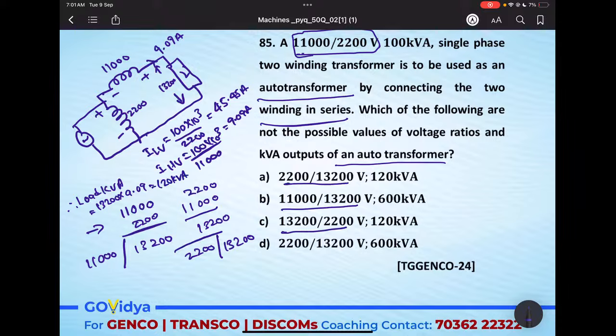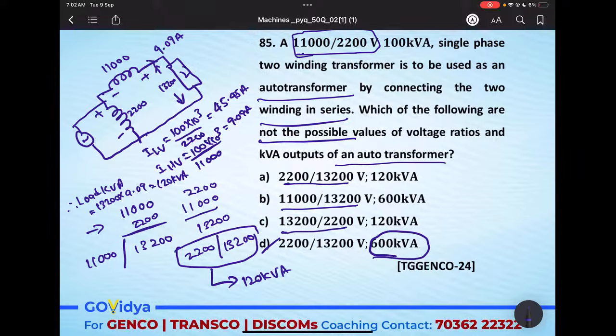So for 2200 by 13,200, the possible kVA is 120 kVA. 600 kVA is not at all possible. They are asking which of the following are not possible, so our option will be D. For the 2200 to 13,200 ratio, the possible kVA is only 120, not 600.